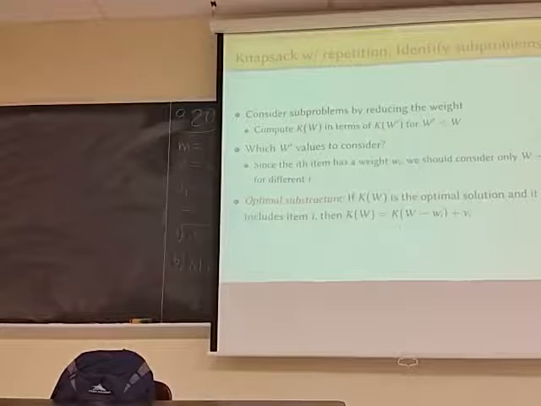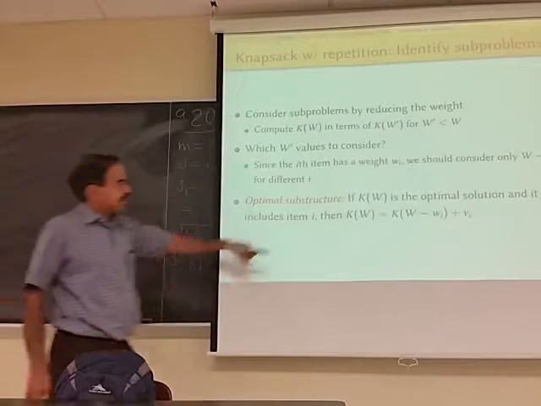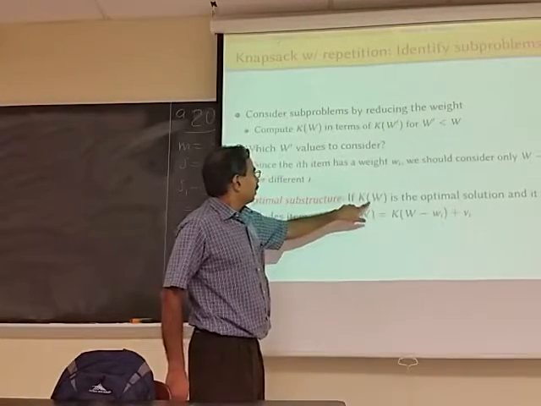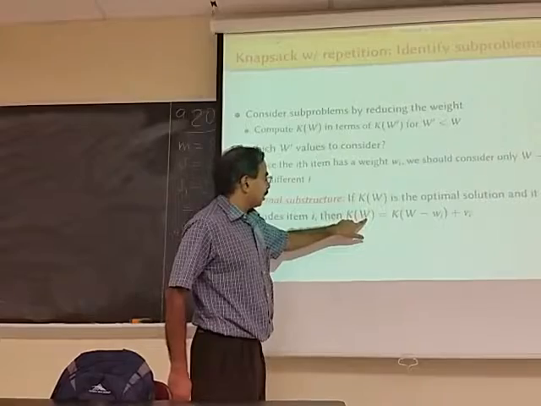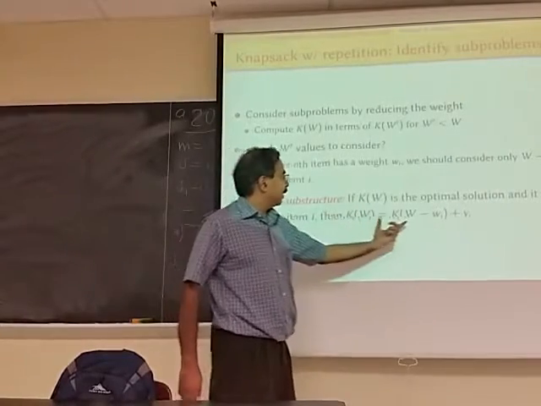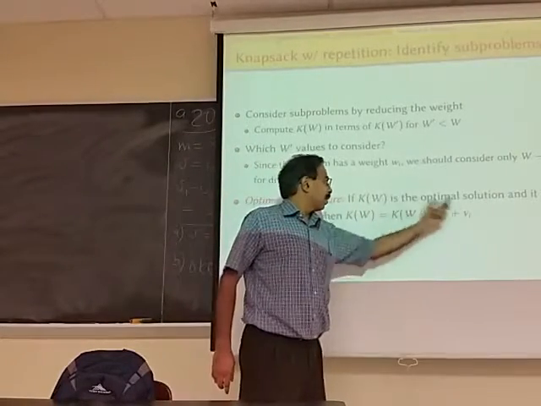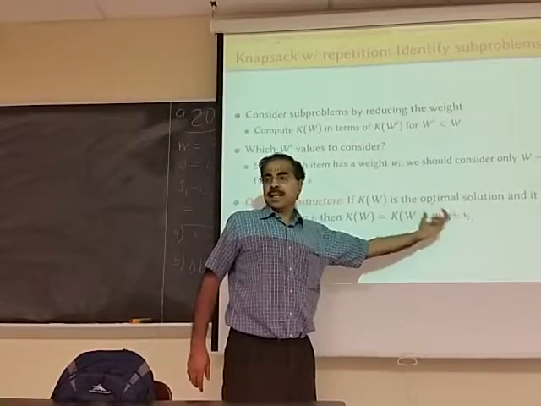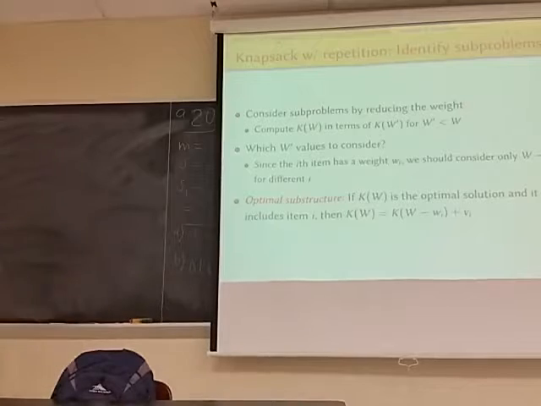So the optimal substructure is obvious. That is, if k of w is optimal and it includes vi, then you must have gotten it by taking an optimal solution for w minus wi and then combining it with the ith item.